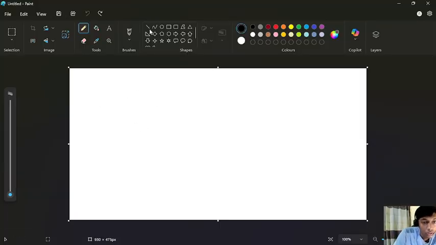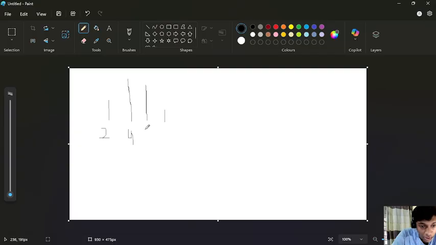Suppose we have lines like this. Let's say the length of this is 2, the length of this is 4, the length of this is 3, and the length of this is 1.